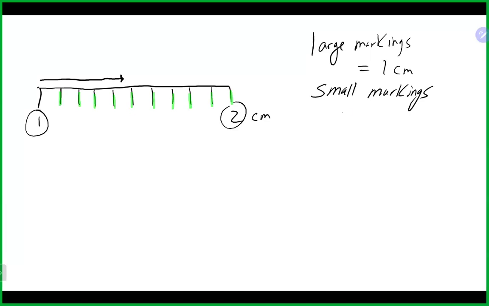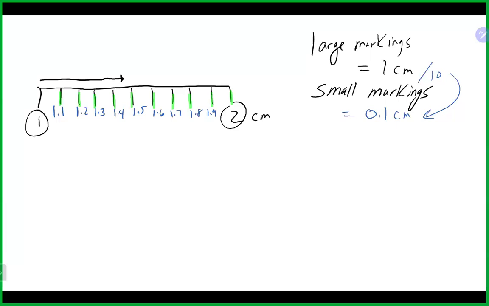Each of the smaller markings represents 0.1 centimeters. If you're not sure, take the large marking divided by 10, right? And you'll get your 0.1 centimeters. That means this first marking here is 1.1, 1.2, 1.3, 1.4, 1.5, 1.6, 1.7, 1.8, 1.9, and 2, if we go all the way across.